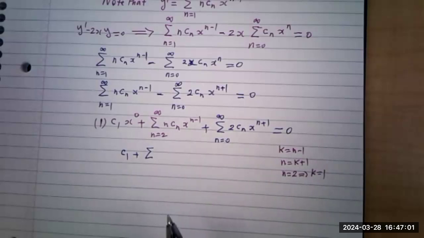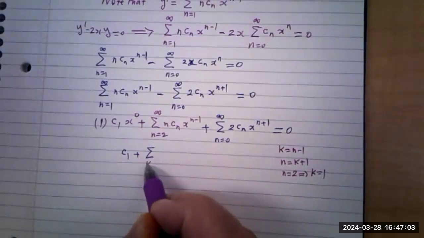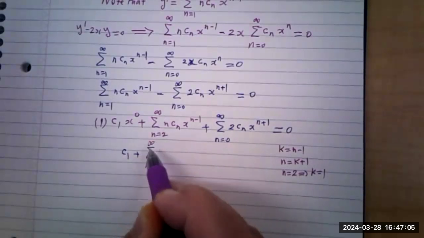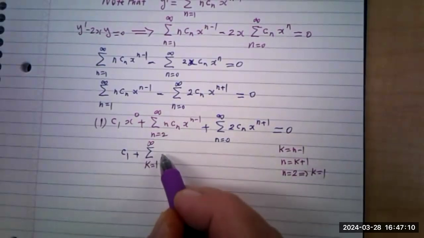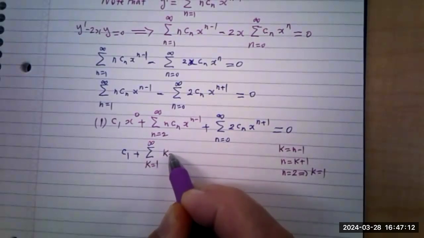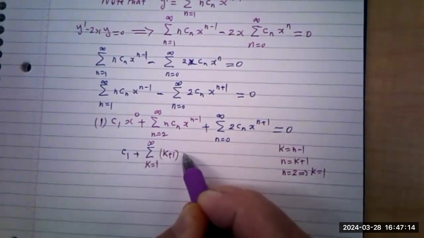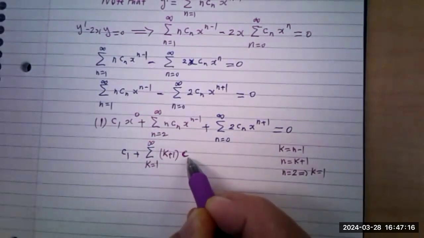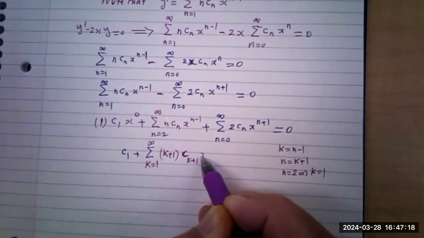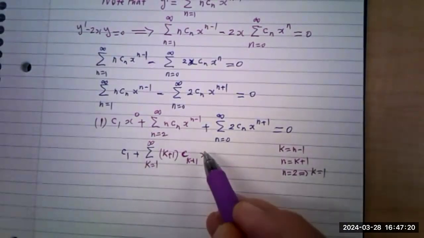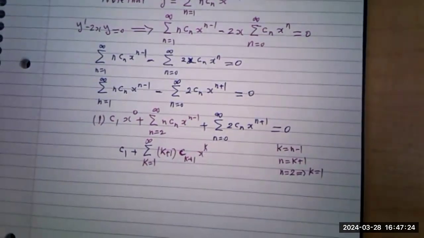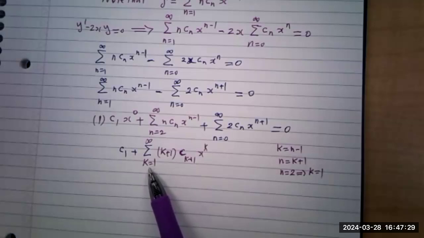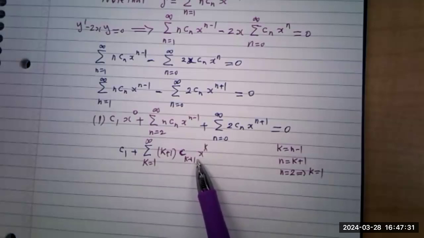So now the sigma in terms of k is: k from 1 to infinity, C of k plus 1, x to the n minus 1, which is equal to k. Nothing has changed, you see. When you replace k by 1, you get the x here.